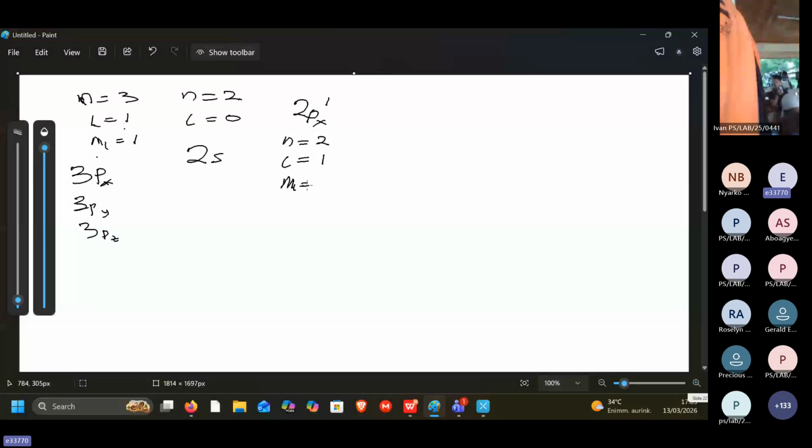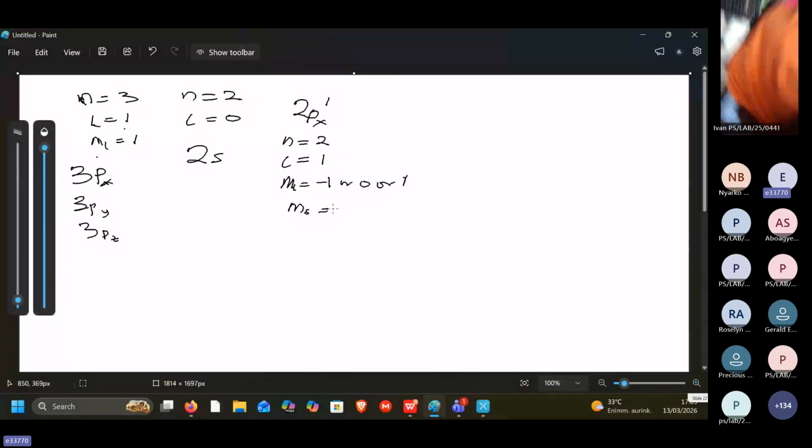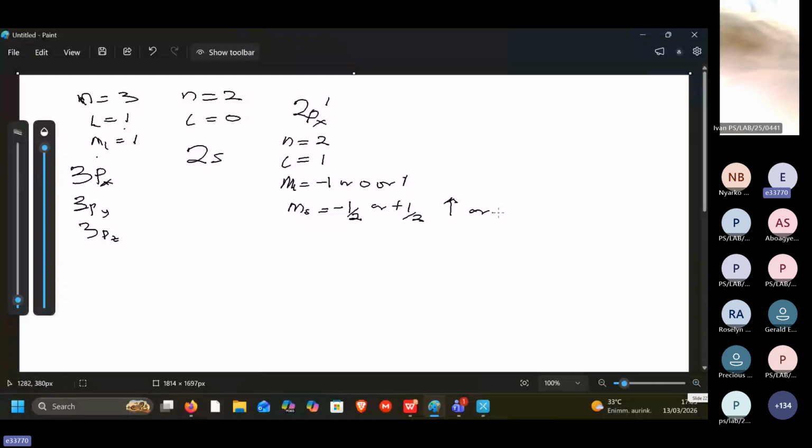So that's numbers. We don't restrict it to any. So we can say ML is 1. Then the MS is going to be minus half or plus half. What does that mean? What it means is that the one electron can be pointing up, or that one electron can be pointing down. That's what we mean by the electron spin.